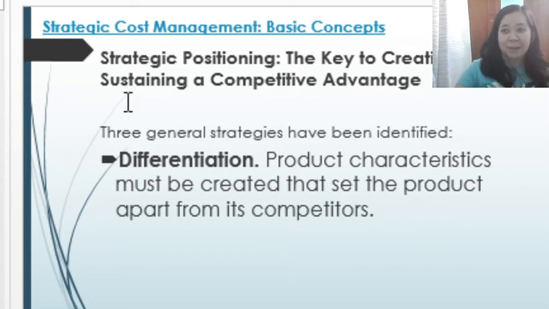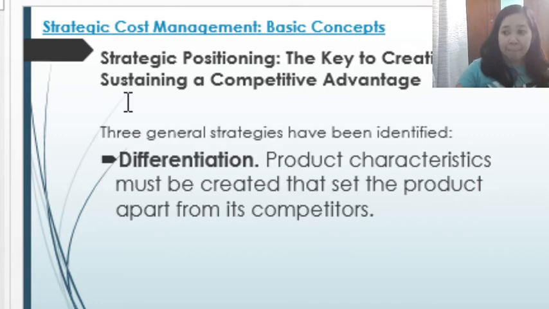You might add some conditioner, other ingredients or product components that will add value to the customers when they use it, compared to that of your competitors. Okay, so these are the characteristics or additional features.